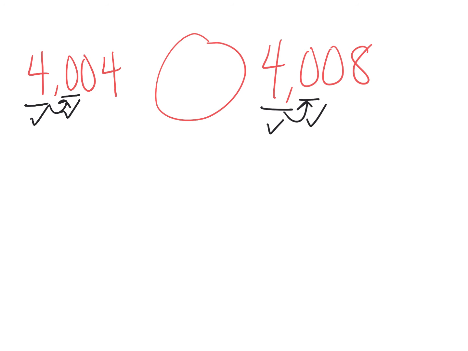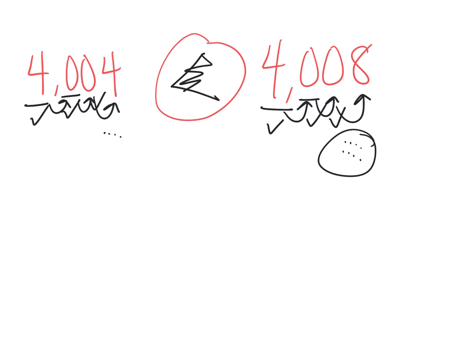Check it off. We move next door. Those are the same. And here we're left with 4 or 8. Well, 1, 2, 3, 4 ones, or 1, 2, 3, 4, 5, 6, 7, 8. Which is bigger? 8 is bigger, so the alligator is going to face that way. All right, that is it.